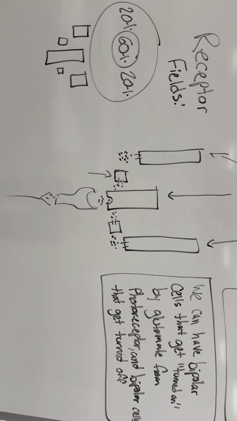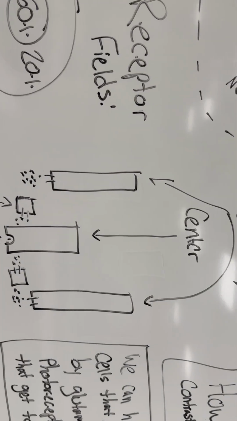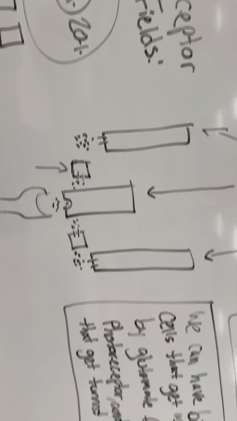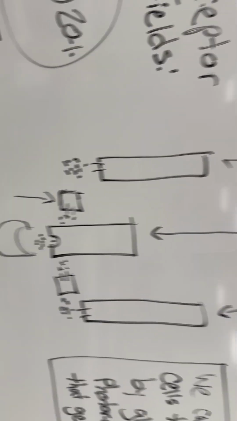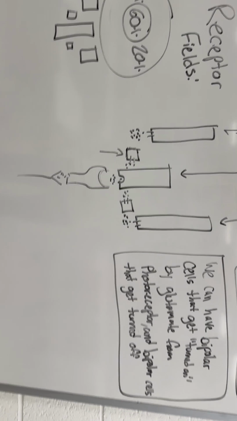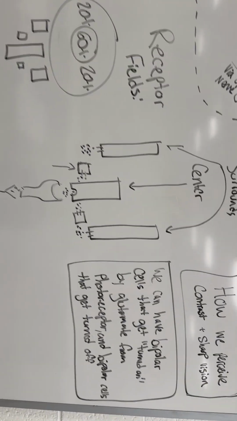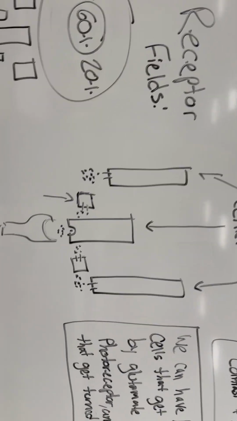So let's say for this example, we have an on center and then off surround receptor field here. So that means that light is going to turn this center receptor on, and these surround receptors off.